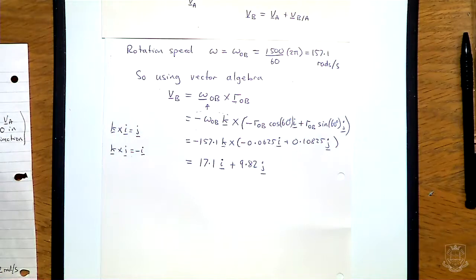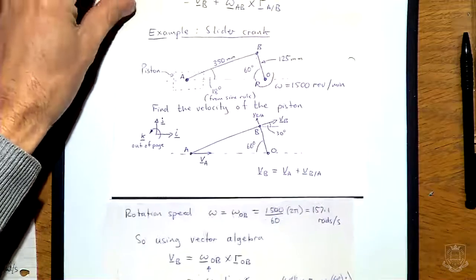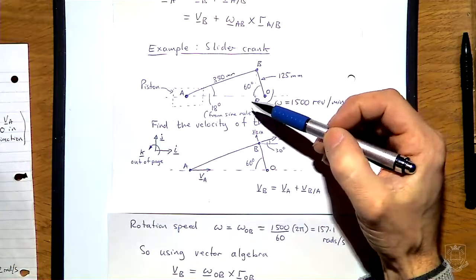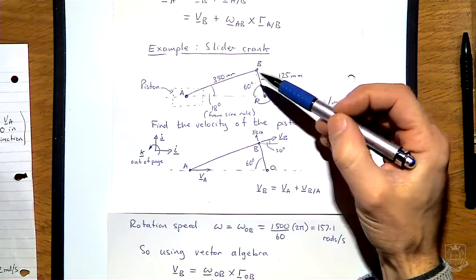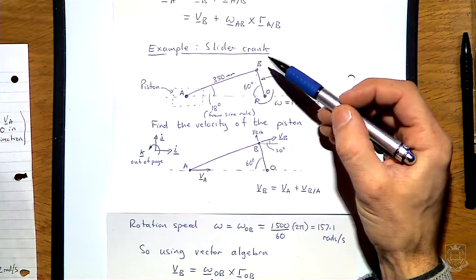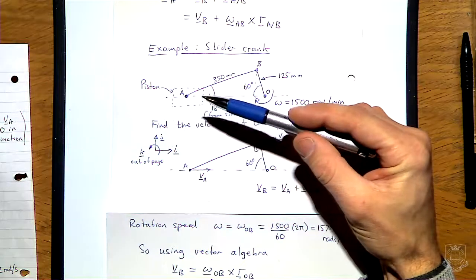Okay, so now we can do exactly the same thing as I mentioned before. If you look at the logic of what's happening in this picture, this motion is pushing this around this way. So this point, in the next couple of seconds, is going to go up that way, isn't it? And point A is going to move to the right.